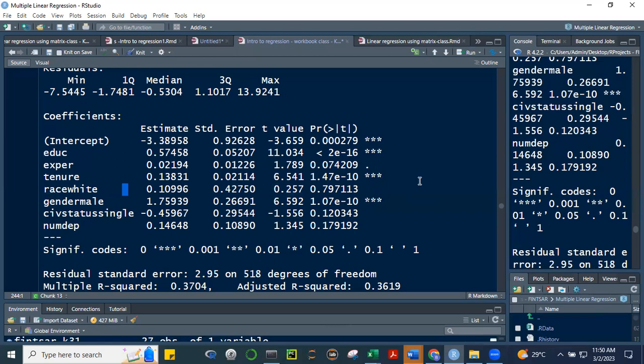By default, ang gagawin ni R, gagawin niyang benchmark o reference variable yung alphabetically mauuna. So si frosh, anong ibig sabihin ng gagawin niyang benchmark yan? Gagawin niyang 0 yon. The rest will be ones. Si sophomore 1, si senior 1, si junior 1.